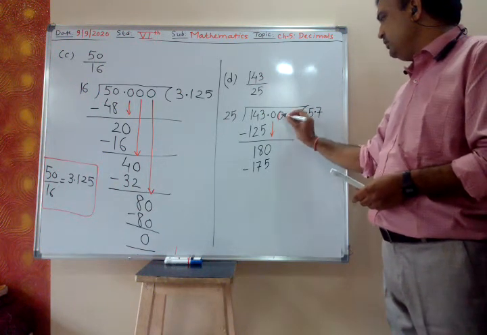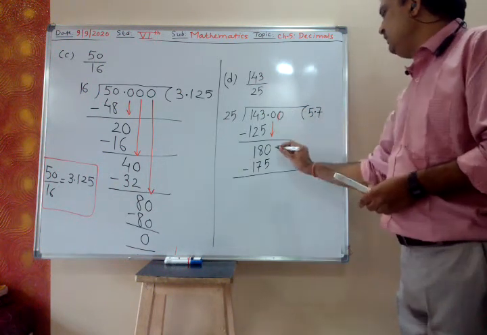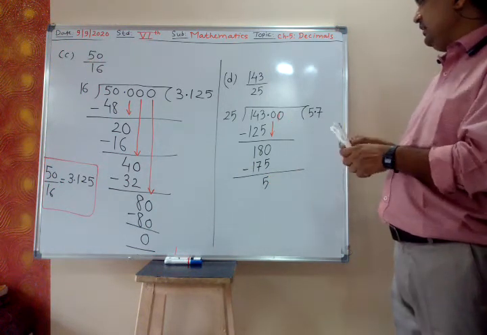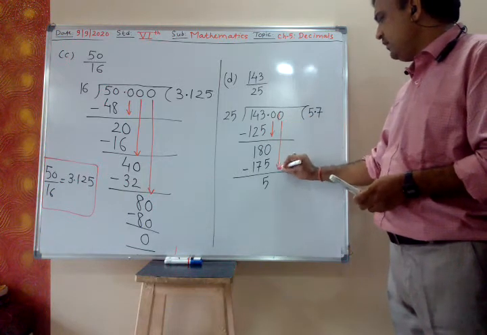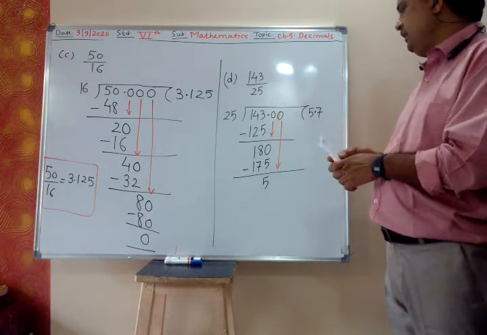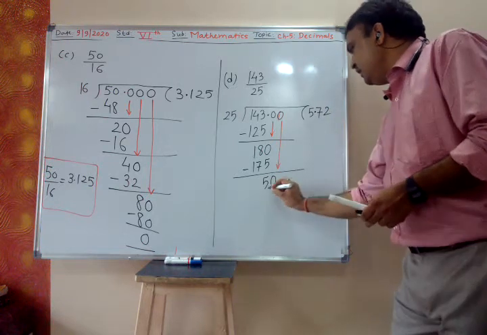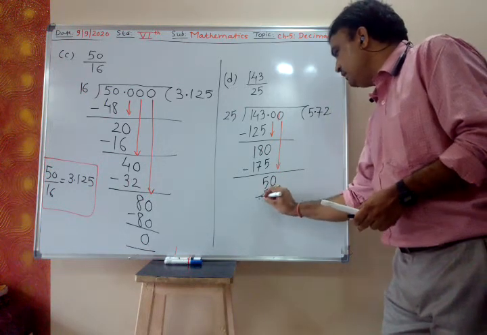Now I will add one more 0. 180 minus 175 is 5. Then I will add 1 0 and carry it further. This becomes 50. 25 2s are 50.